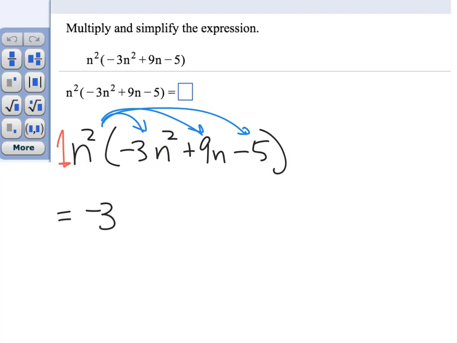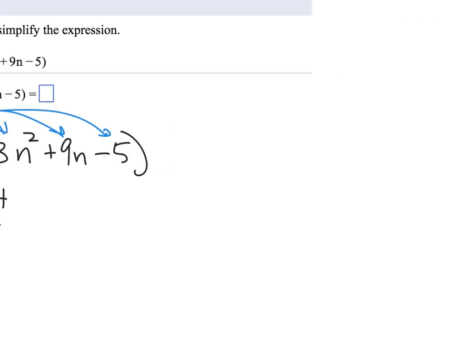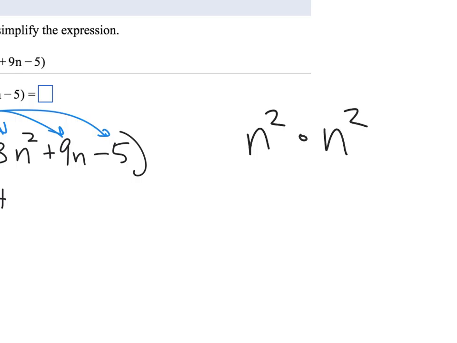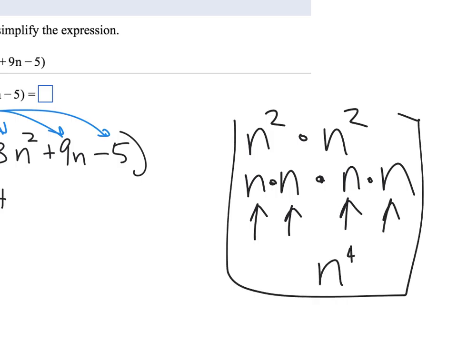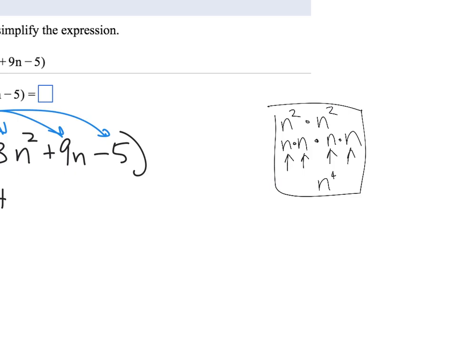N squared times n squared, so that's n to the 4th power. If you're not sure about that, over here, n squared times n squared. Well, n squared means n times n, and if we're multiplying it, that's 1, 2, 3, 4. So that's n being raised to the 4th power. So that's what's going on right there, and that's how we come to that conclusion, right?